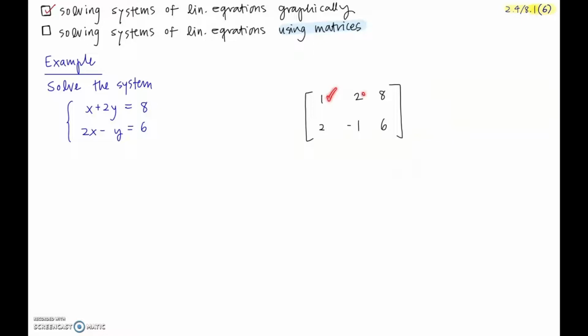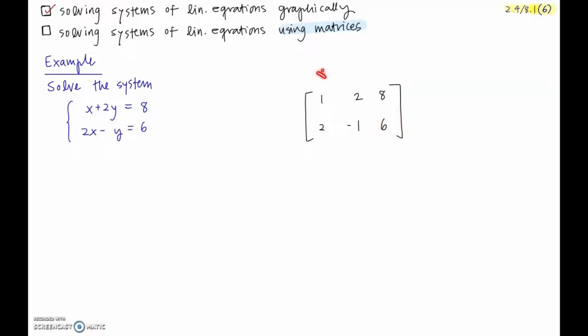And you probably notice where each of these numbers is coming from. This is the coefficient on the x, this is the coefficient on the y, and this is the constant term from this first equation. In a similar way, this is the coefficient of the x, this is the coefficient of the y right here, and this is the constant term for the second equation.